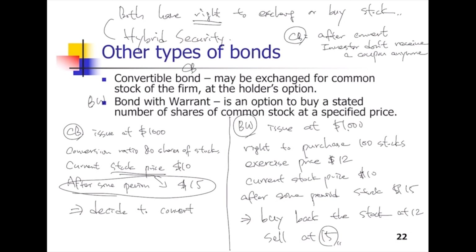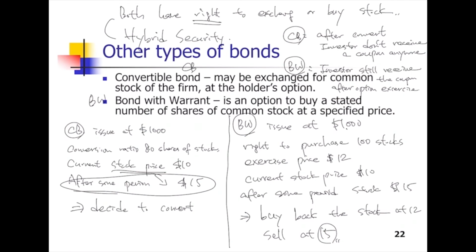But with a bond with warrant, the investor still receives the coupon after the option is exercised. That is a different thing. Why does the investor buy this kind of hybrid security?